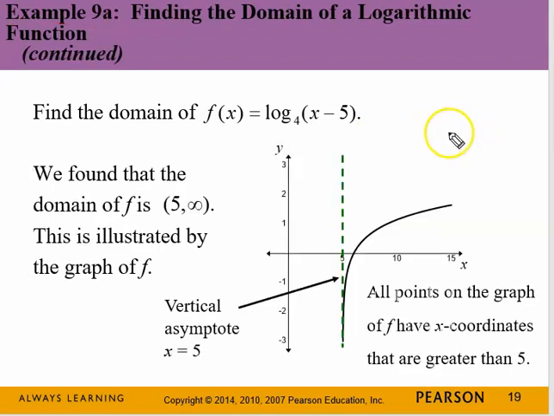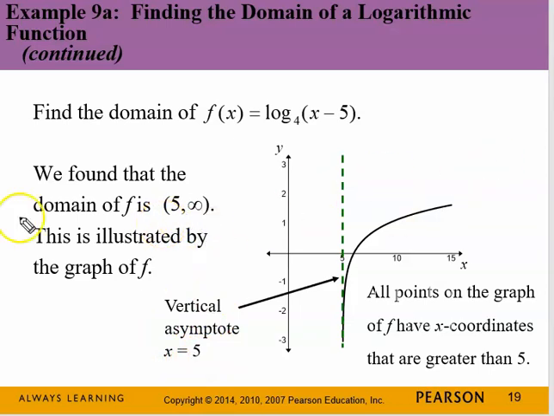If you put this into your graphing calculator, you get a curve that looks like this. The vertical green line going through 5 is your vertical asymptote, a vertical line whose equation is x equals 5. And we write the domain in this fashion.